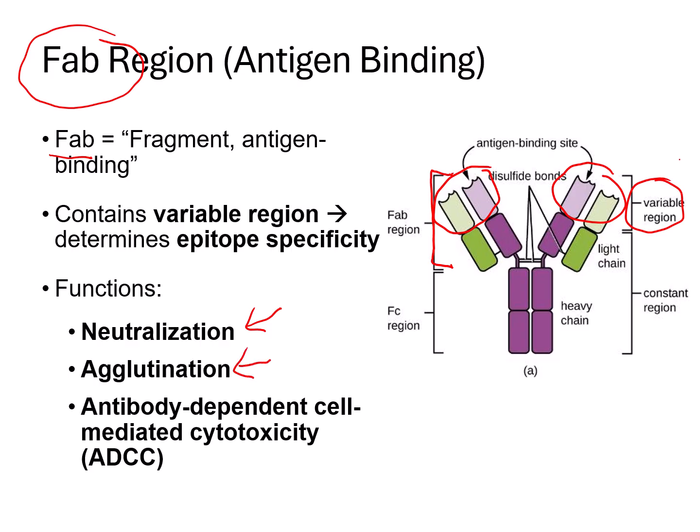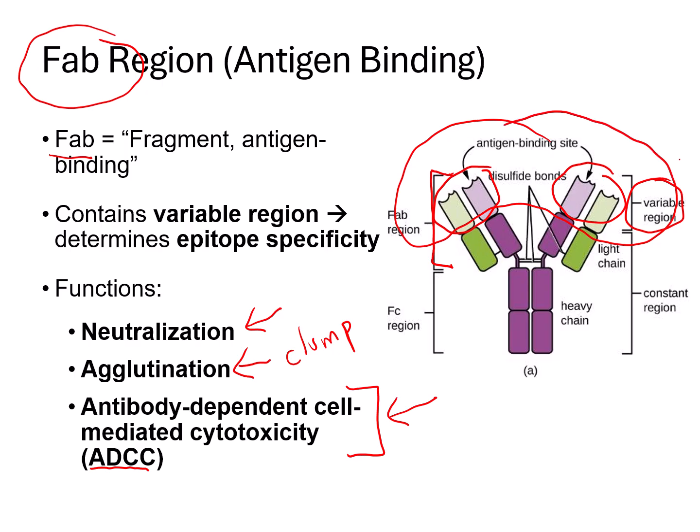Agglutination will help clump microbes together. And something called ADCC, which stands for antibody-dependent cell-mediated cytotoxicity. This is going to flag pathogens that are too large for phagocytosis. So this region is all about pathogen recognition.